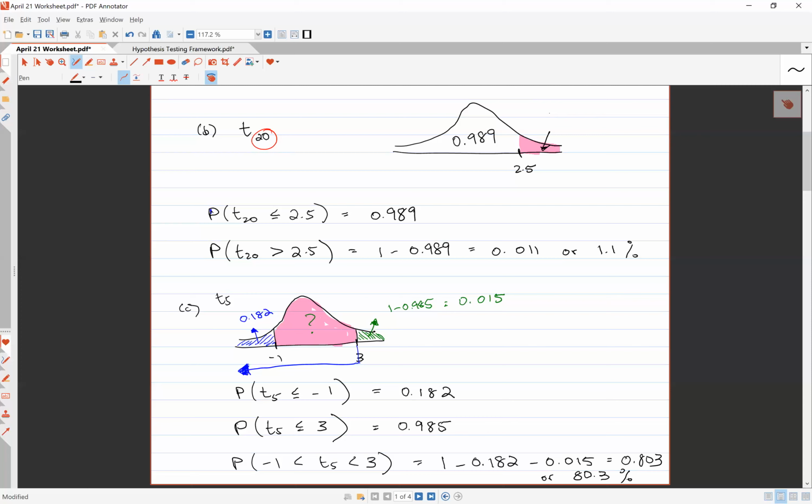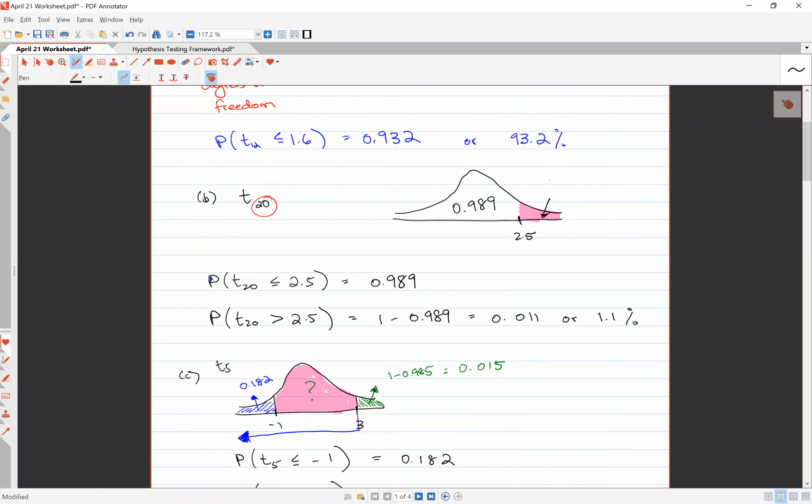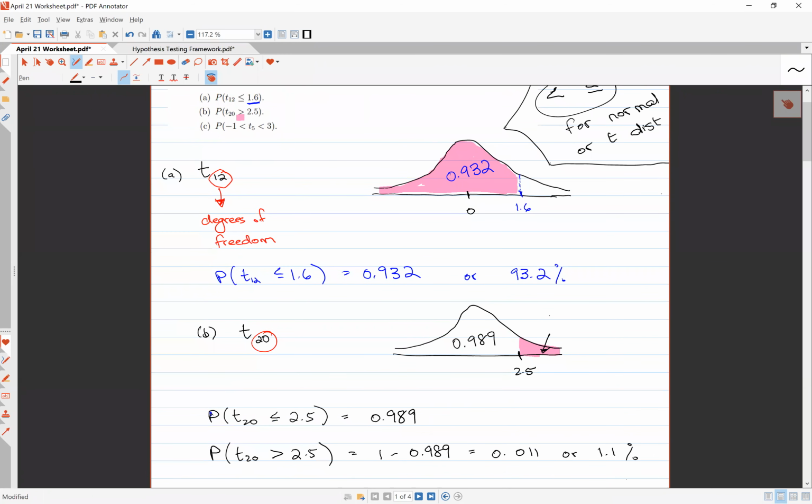So bookmark this website. If t-distribution comes up, that's what you will use for the calculations. And number C is just one example to show you a slightly more complicated scenario. But most of the time, you will have things like A or B where you're just dealing with one side of the curve.